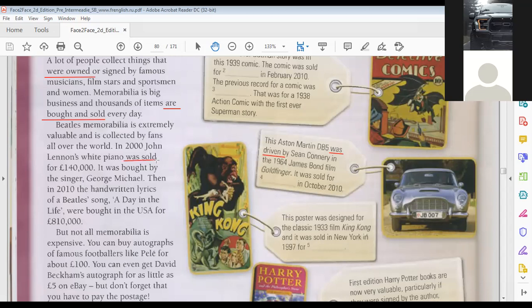What else? Was bought by the singer. All right, that's correct. Was bought. And A Day in the Life were bought in the USA. Were bought. Another passive.